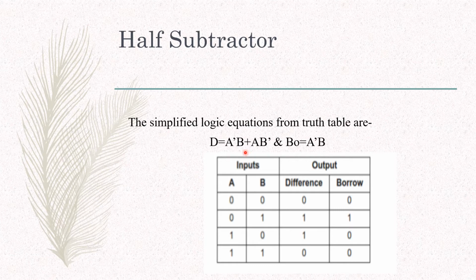The difference output is given by A negation B plus A B negation, which will be given by the XOR gate, and the borrow output is given by A negation B. Here, the difference, that is the D output, is an XOR gate, and the borrow is BO. It is an AND gate with complemented input A.